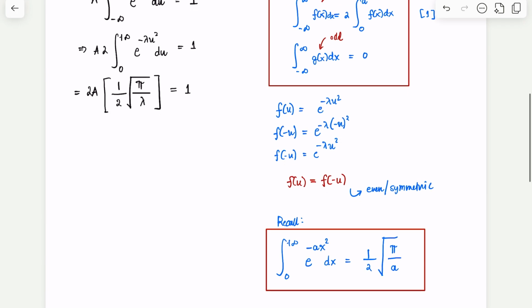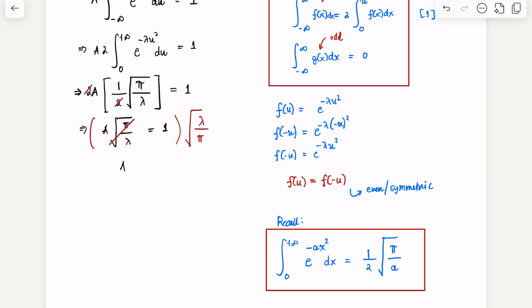Now we can further simplify this one. The 2 would cancel out, and that gives us a square root of pi all over lambda is equal to 1. Now we're looking for the value of a, so simply you can just multiply both sides of the equation by the square root of pi over lambda, and of course the right hand side would turn to 1, and then we have the value of a.